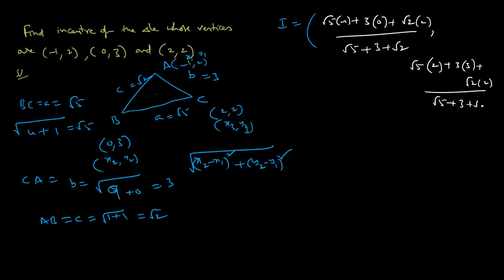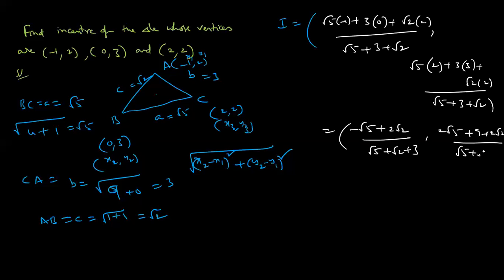So what is the answer? 2 √5 plus 9 plus 2 √2 by √5 plus √2 plus 3. That is the center. Clear? That is the answer. Yes.